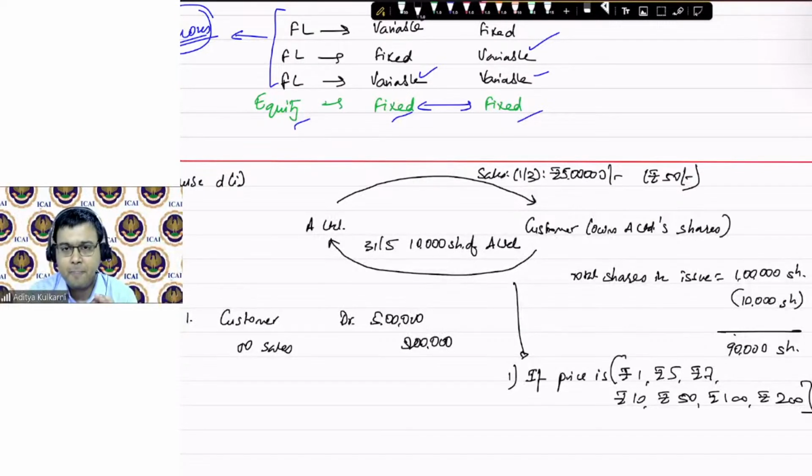Is it okay? In other words, is the customer getting a guaranteed return on 10,000 shares?